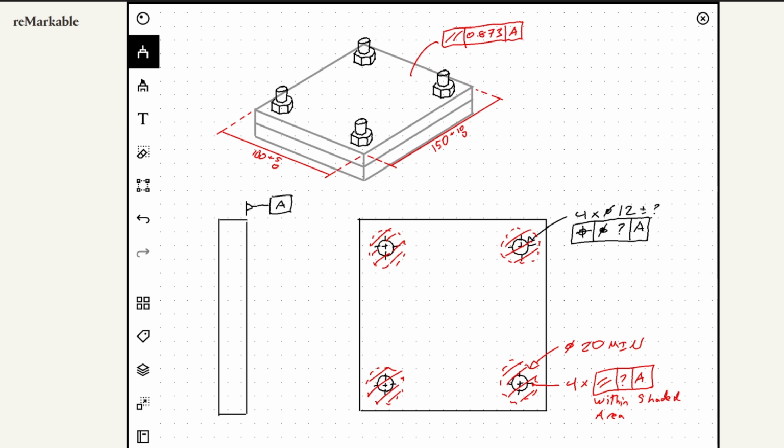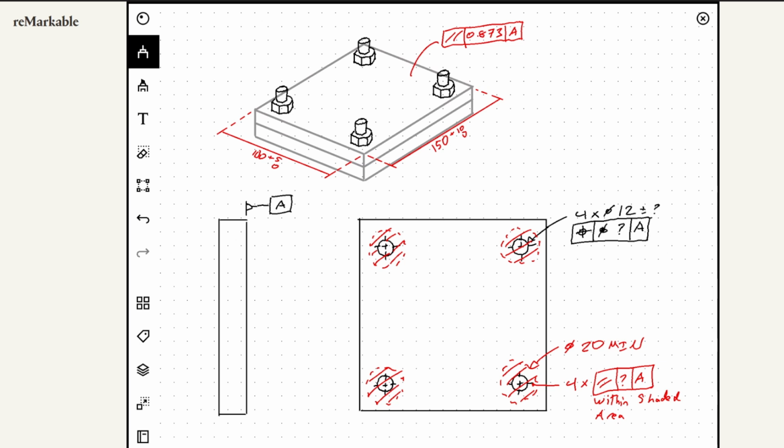And this is quite powerful, because what we've done is we've said in each of these shaded areas, and we should probably be explicit and say this 20 millimeter area is centered on the bolt hole. So you could apply a true position to it, or you could just say centered on each individual hole.